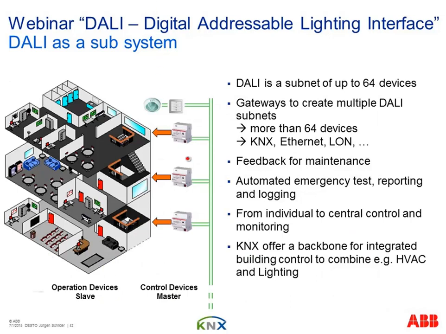So here's a typical office building. Here we have the different floors with small offices or open office. And we use here, for example, a technology like KNX or another system. Via the gateways, it is possible to send commands from presence detectors or from KNX sensors via the DALI gateway into our DALI subline for switching the light, for dimming, to call scenes or scenarios or sequences and such things.